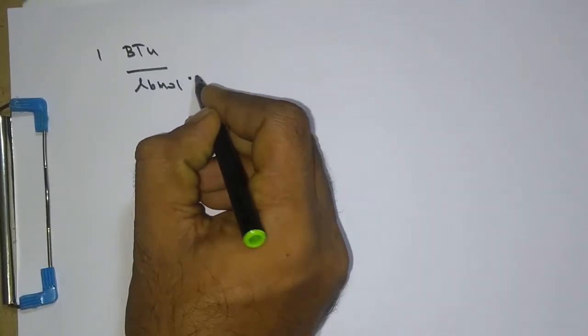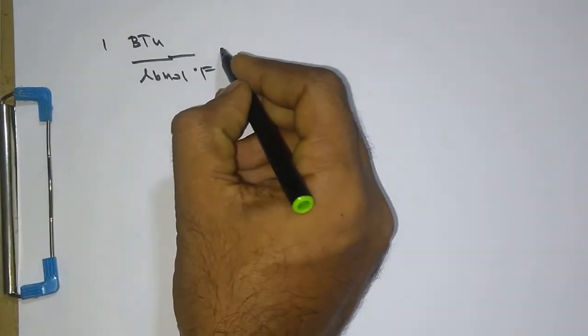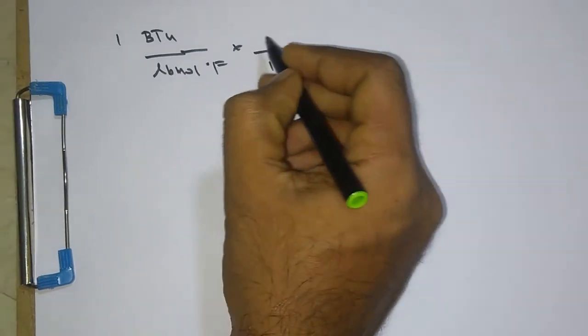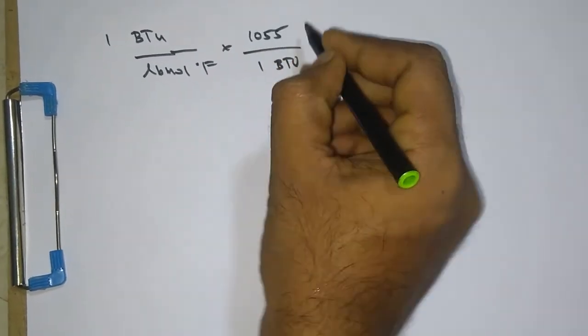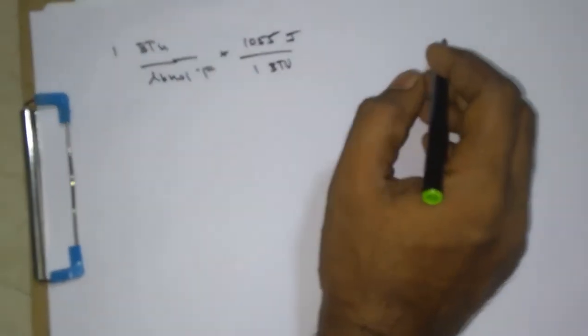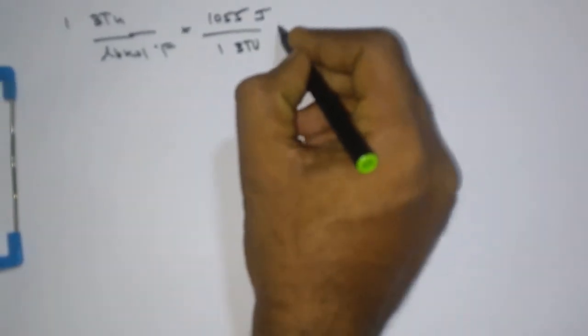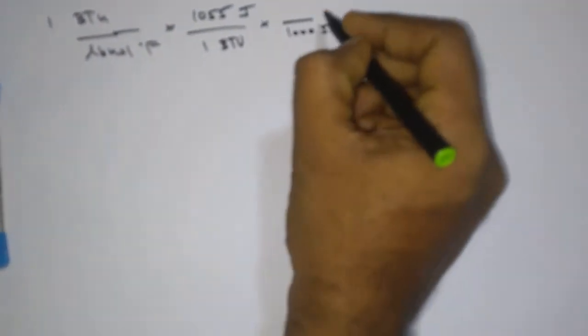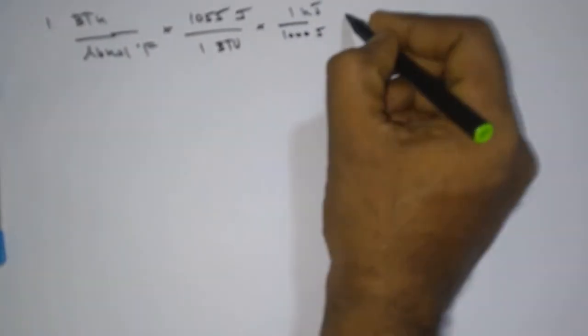It is given that 1 BTU per pound mole degree Fahrenheit. So first, we convert this 1 BTU. What is the conversion factor? 1 BTU is 1055 joules. We want to express it in kilojoules, so 1000 joule is equal to 1 kilojoule.